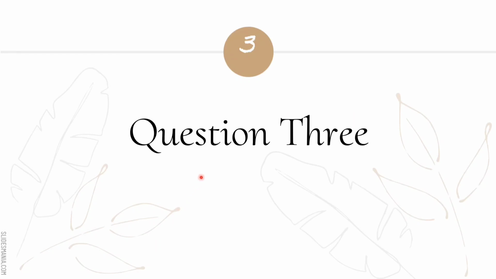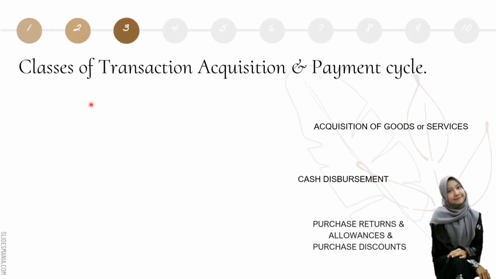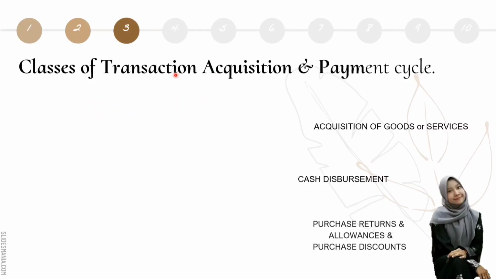Now I will proceed to the next question, which is question 3, on what are the classes of transactions involved related to the assertions that Farah stated before. The acquisition and payment cycle is mainly comprised of 3 classes of transactions.